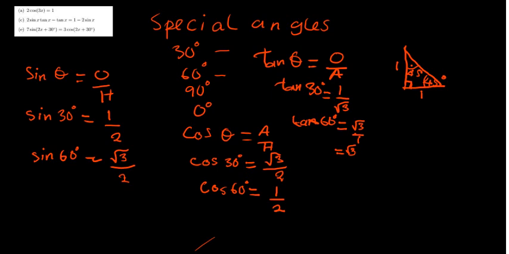Okay, let's find this side, the hypotenuse. Considering Pythagoras theorem, hypotenuse squared will be opposite squared plus adjacent squared. So h squared is equal to 1 squared plus 1 squared, so 1 plus 1, 2. Then we take the square root on both sides.